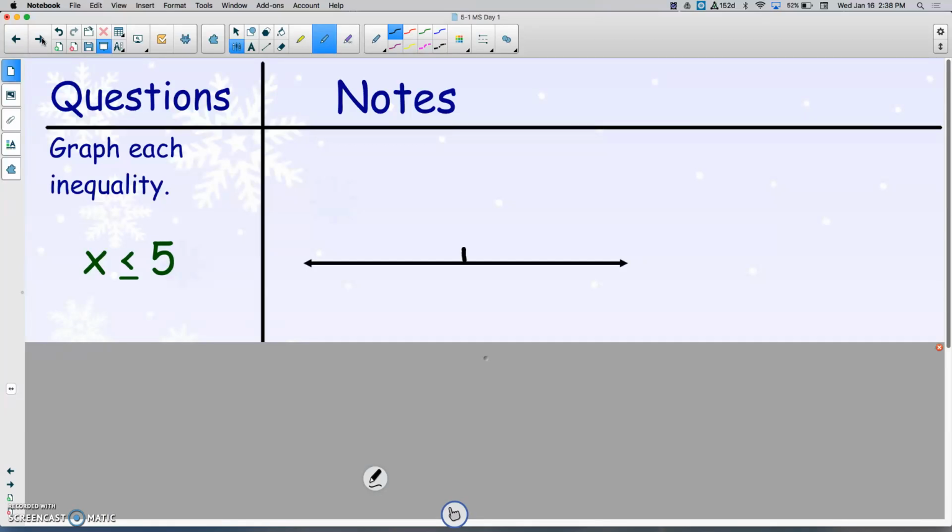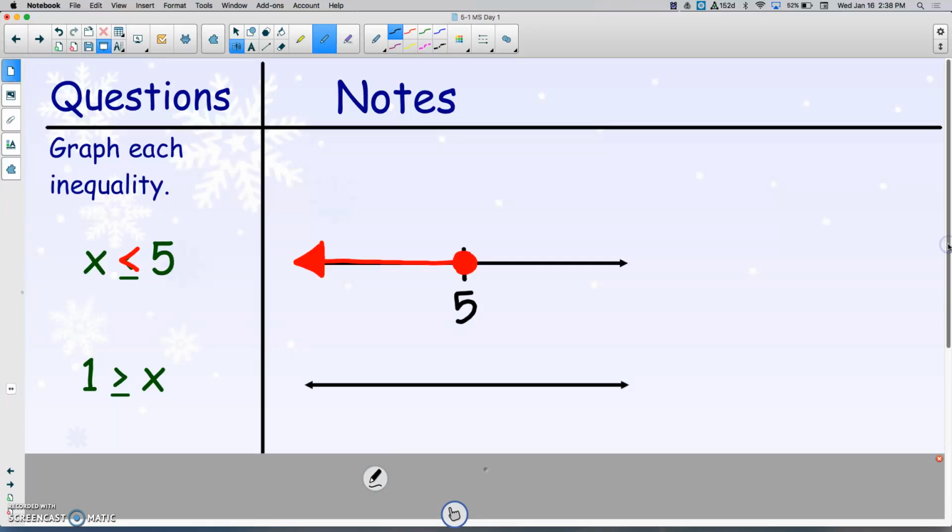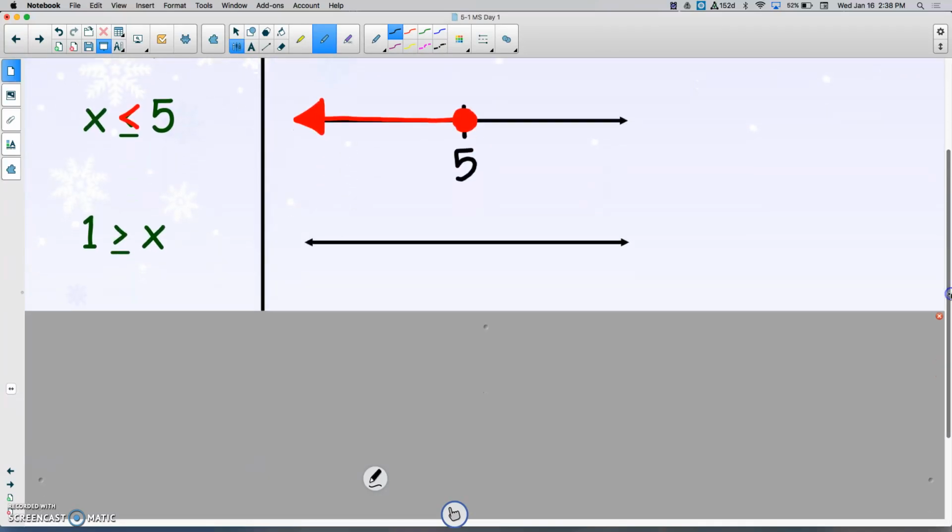All right, number 5. We've got less than or equal to, so closed circle because of the line underneath, and see that this points to the left, like that. Now my next one has a variable on the wrong side. Anytime my variable is on the wrong side, I am going to reverse it. You can turn around your inequality like this. You have to flip the entire thing around.